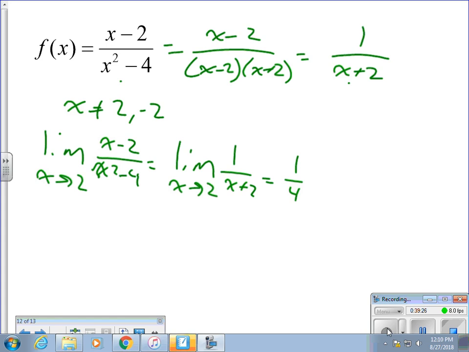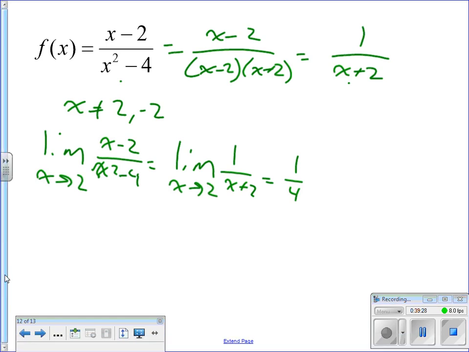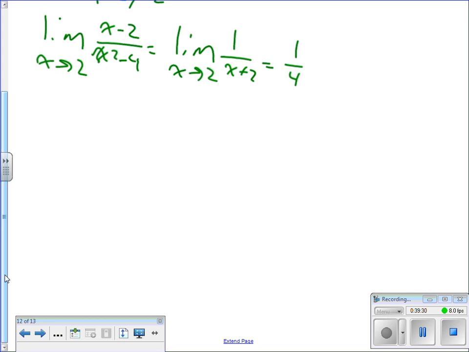However, pretty much can guarantee I do have one at x equals negative 2. So I take the limit as x approaches negative 2 from the left of 1 over x plus 2. And that goes towards what? Starting with numbers smaller, so it would be negative, right?